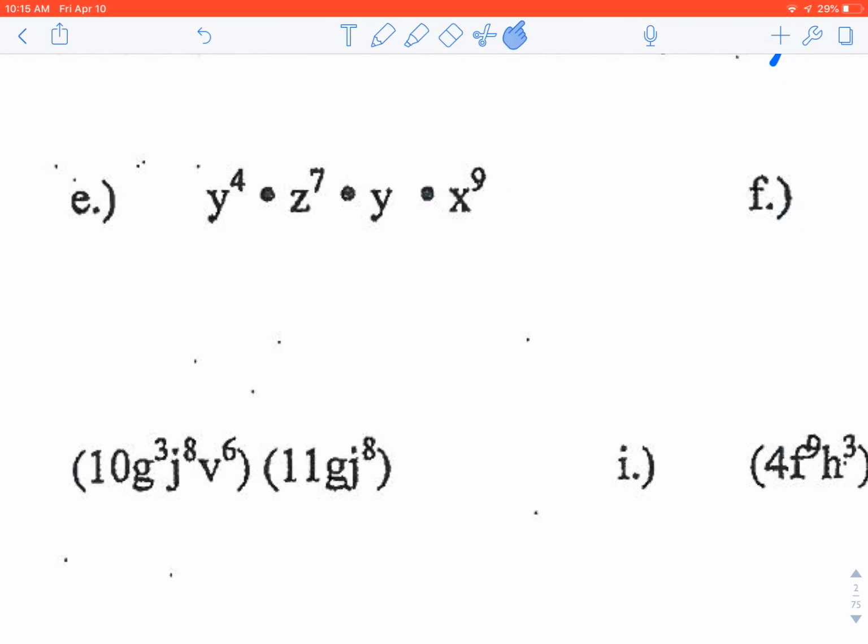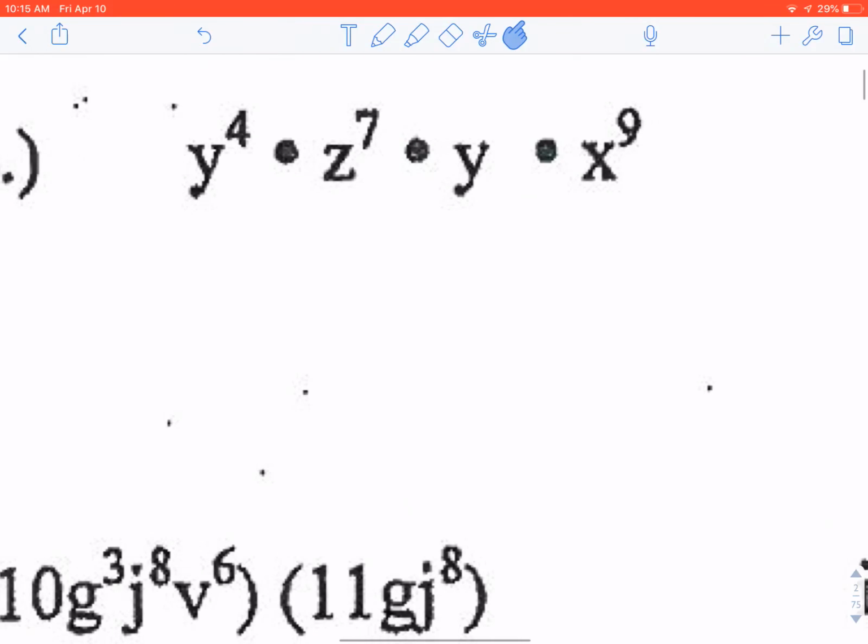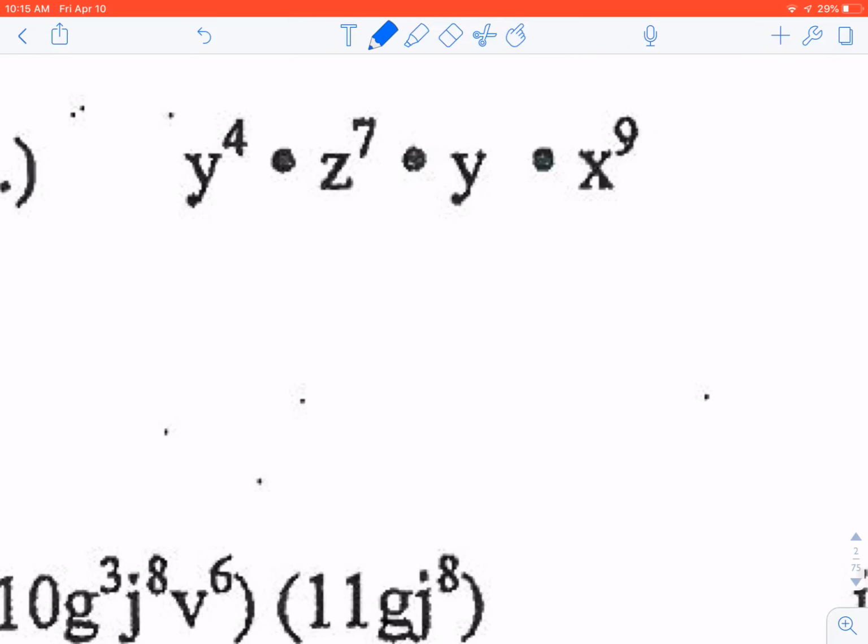Letter E. We now have 3 different variables. So let's first add a 1 to our y. Again, you want to make sure they all have powers that you can see. The y is the only variable that's repeated. Okay? So I'm going to keep this in alphabetical order. I'm going to put the x first. It doesn't matter.